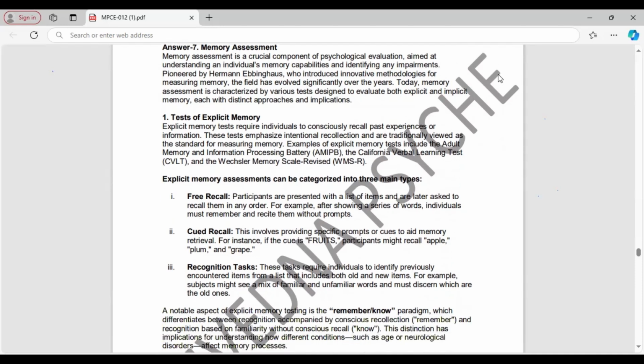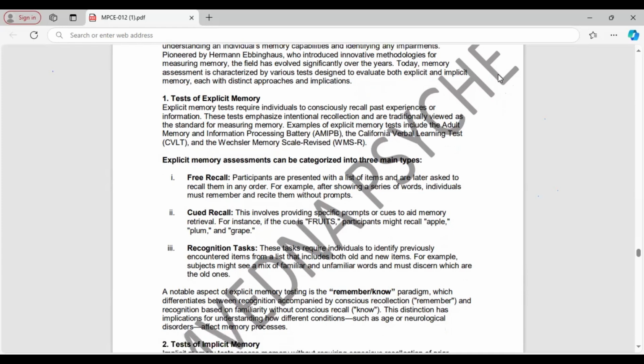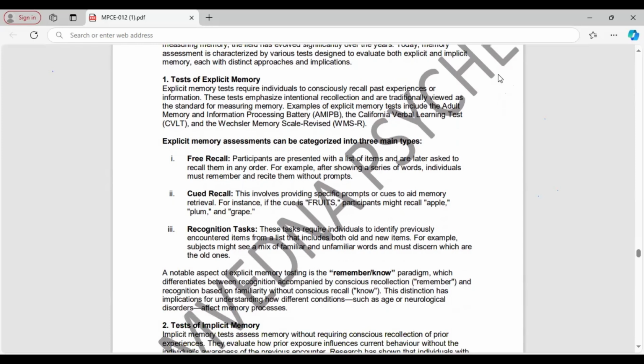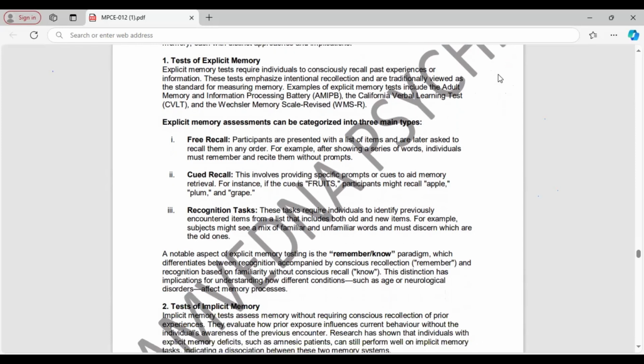Explicit memory assessments include free recall, where participants recall items in any order after exposure, cued recall, where specific prompts assist in memory retrieval, and in recognition tasks, individuals identify previously encountered items among new ones. The remember or know paradigm distinguishes between conscious recollection and familiarity.